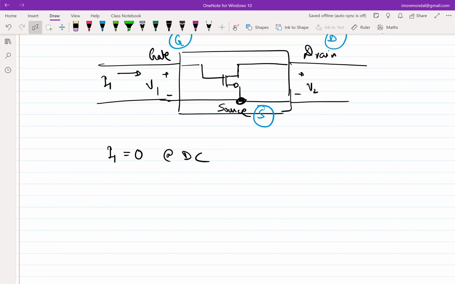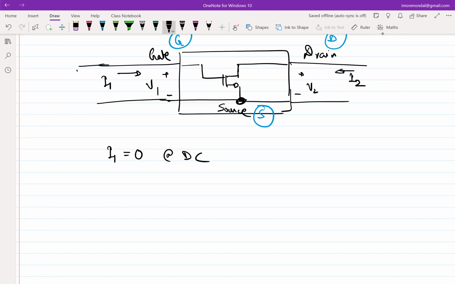So this is I1, this is I2. Now obviously I am in the full-blown picture, not the incremental picture anymore, right? If I am given the full-blown picture, and let's say there is no battery inside, or the batteries are somewhere sitting outside, so what I mean is that only 2 ports are available.